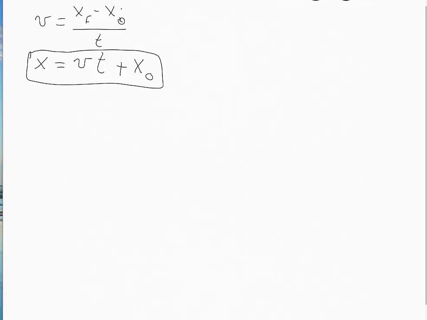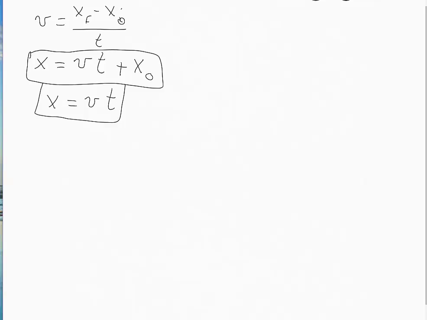This is our first kinematics equation. If we find that we actually started at the origin, then we don't have an x naught, then we can go back and say, well, okay, so our displacement is vt.